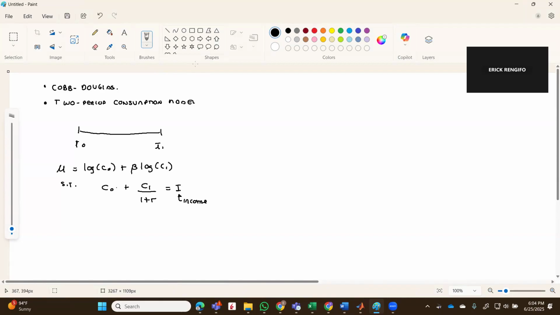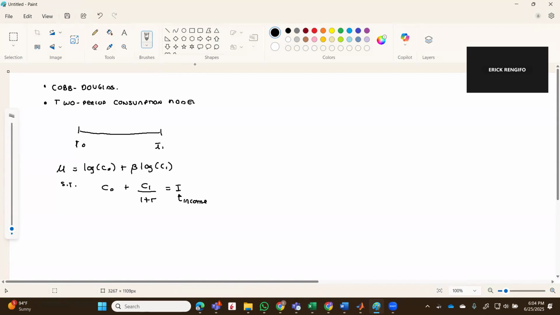Remember, when we have cash flows, guys, the future needs to be discounted. So that's why we do C1 divided by 1 plus R. So R is my interest rate. What is beta, guys? Beta simply is my discount factor. So beta is how much I want to sacrifice today for consuming tomorrow. Okay, that's it. It's a very simple model.